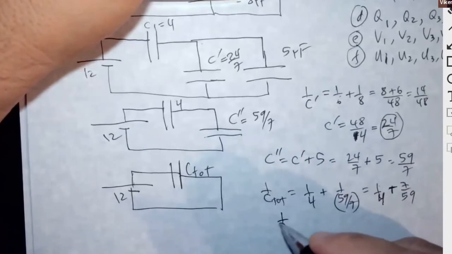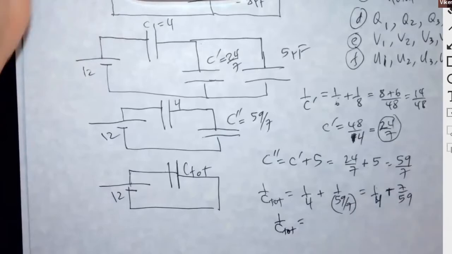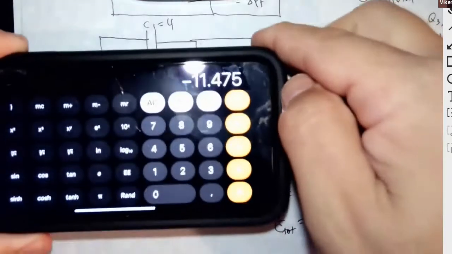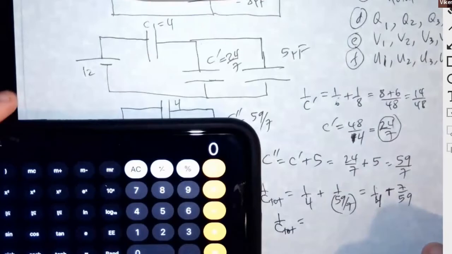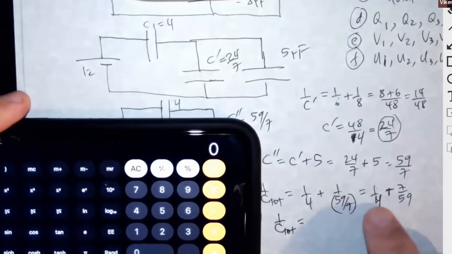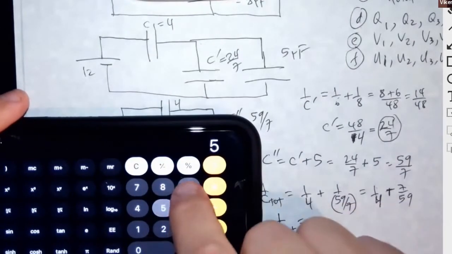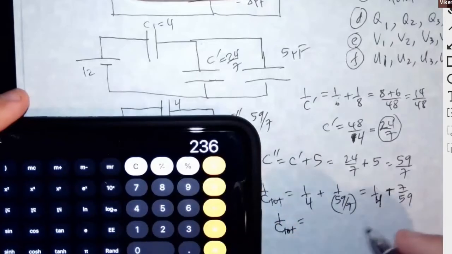You get 1 over C total is going to be 59 times 4. So 59 times 4 is going to be 236 on the bottom.